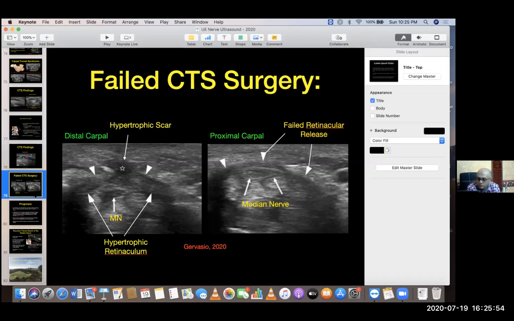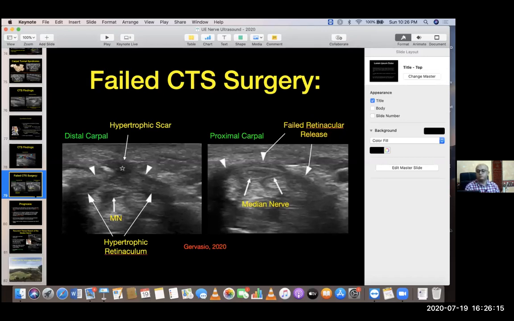I would always repeat the ultrasound a week after just to see what the status is. And then, of course, since I usually put them on a physical therapy program, I would like to know if there's any change or any other improvement that the patient feels.